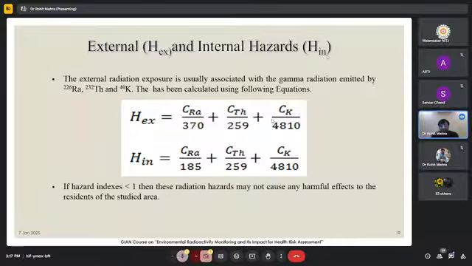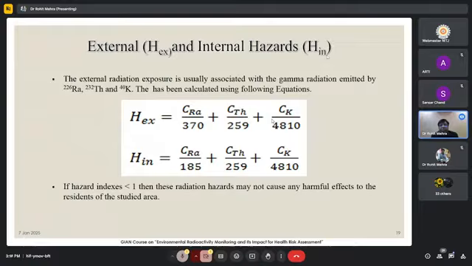So the external and internal hazard index you could calculate, and it should be less than unity to have a very lesser risk. And depending upon the same values, that is 370 becquerel per kg of radium, 259 becquerel per kg of thorium, and 4810 becquerel per kg of potassium gives you the same gamma dose rate. So we have calculated the external hazard index.